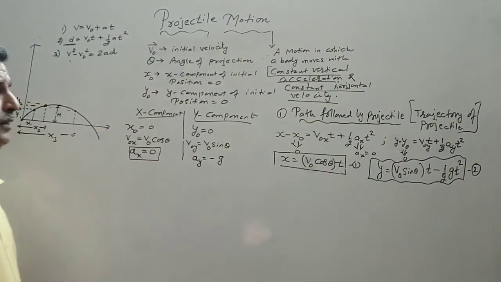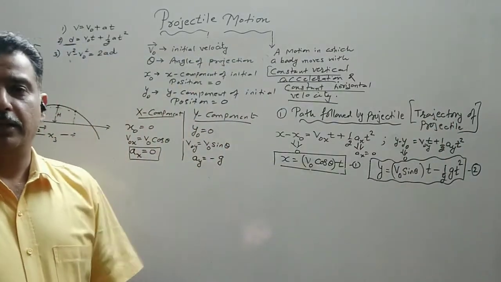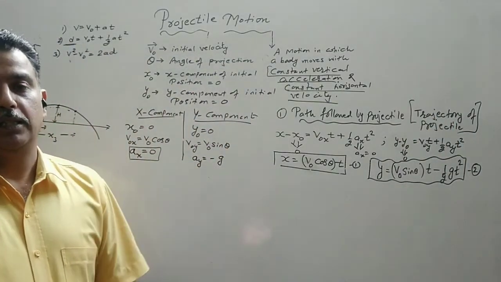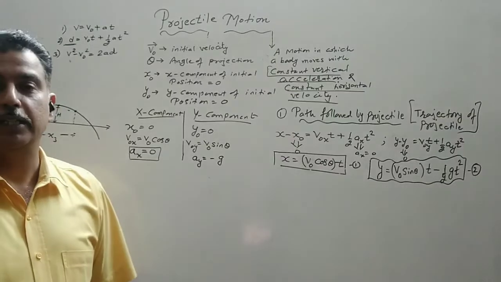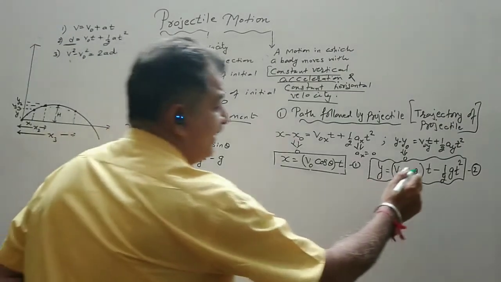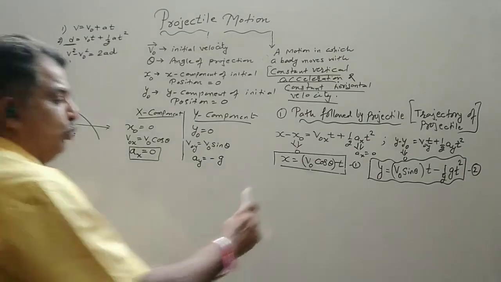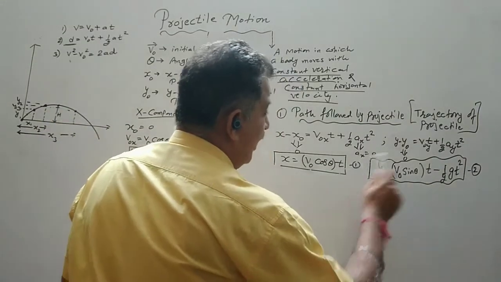Now the question is, what is the trajectory of a projectile? Trajectory means what path will be followed by a projectile. So we eliminate t from these equations, because we have to find out the path. We can use these two equations and eliminate t.